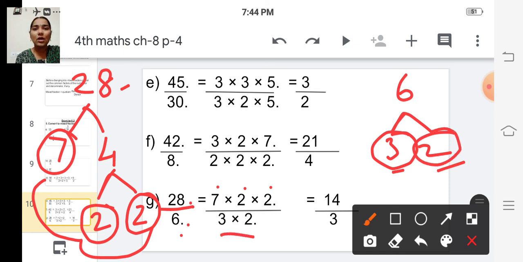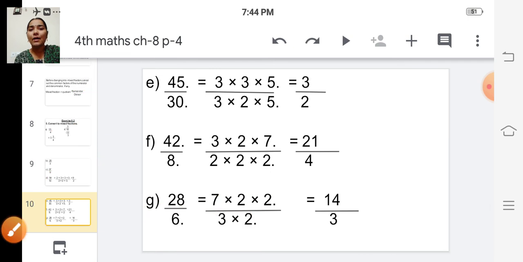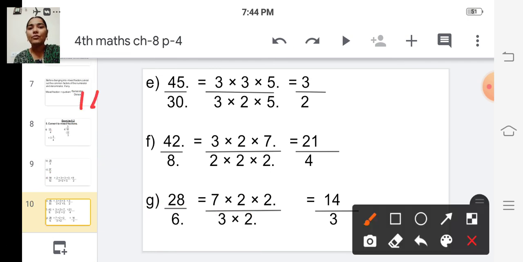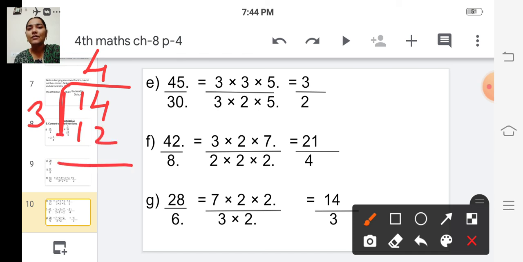Now we shall cancel out the common factors. Here 1 2 is there, and here also 1 2 is there. So the remaining is 7 into 2. 7 2s are 14, and the denominator 3 is there. So now we have to divide this 14 by 3. How many times will it go? 4 times. 3 4s are 12. Subtract, 14 minus 12 is 2.